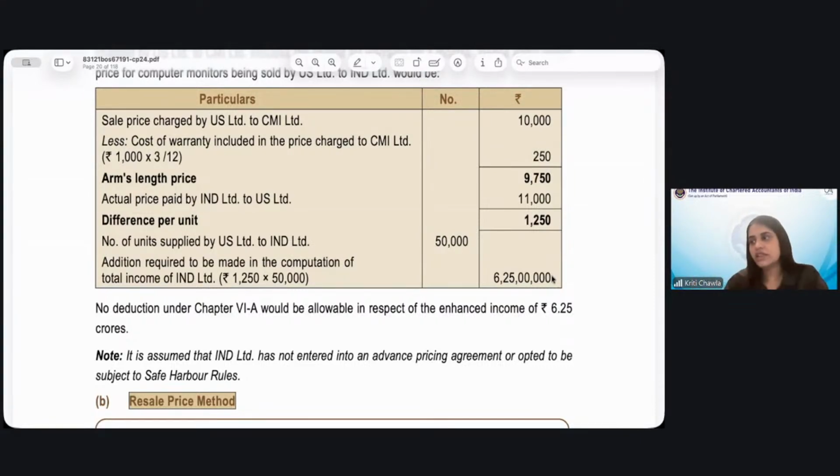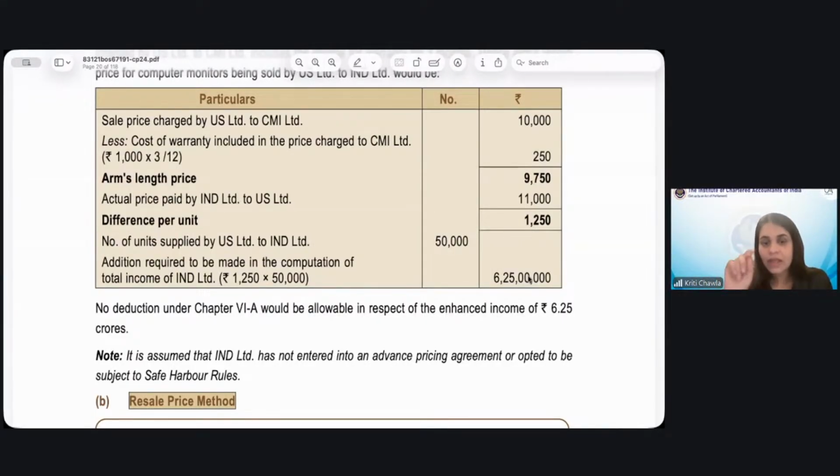And then you will see the difference, and that difference will be called a primary adjustment. Now, what I'm going to do is also introduce the concept of secondary adjustment in this particular question. The question does not ask, but let's say that the question asks for the second part, which is how will you deal with secondary adjustment in this particular situation.